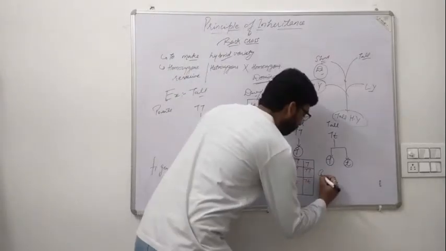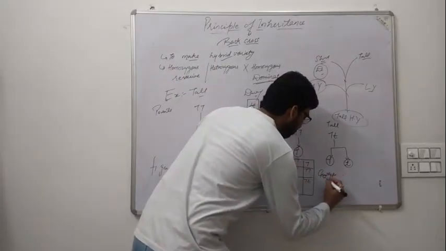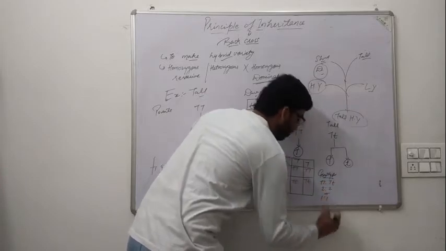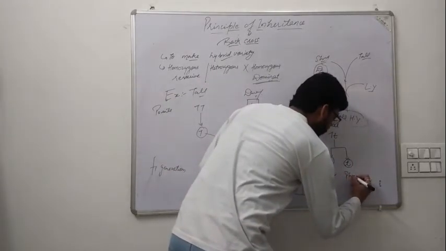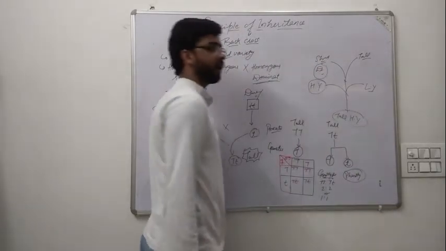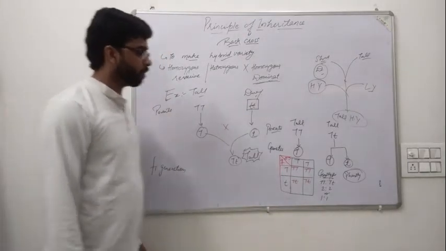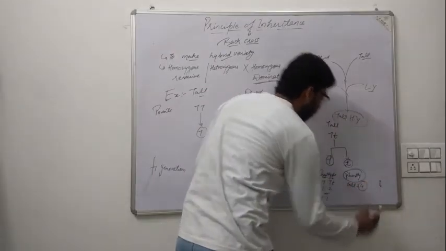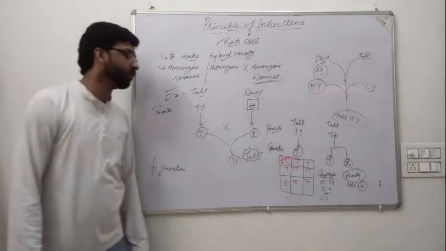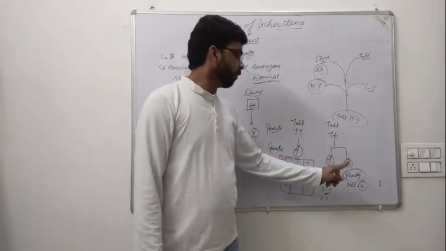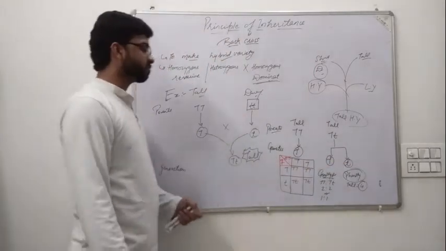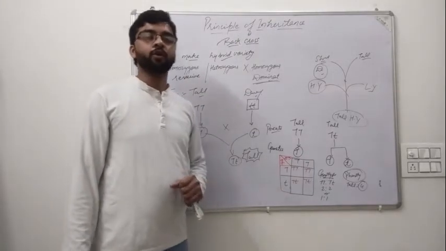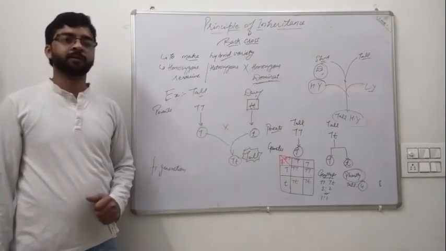Our genotypic ratio, capital T T to capital T small t, is 2:2, or 1:1. But for phenotype, as we know, we want a hybrid variety crossed with a dominant species. The phenotype is all tall plants, all four are tall. No one is recessive in this condition. We want to express a condition where all the generation has the dominant character and no one has the recessive character.